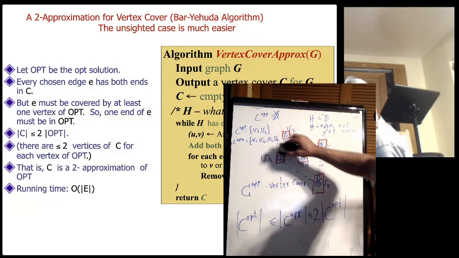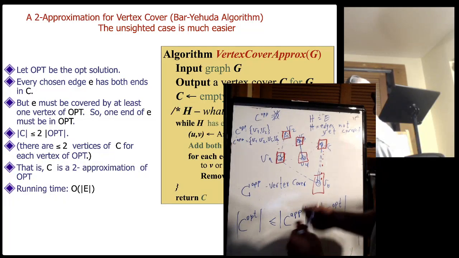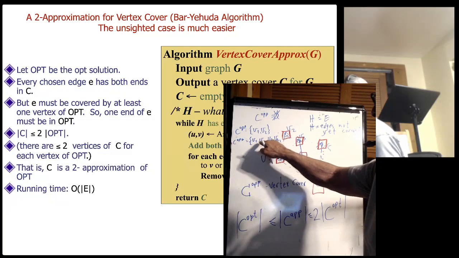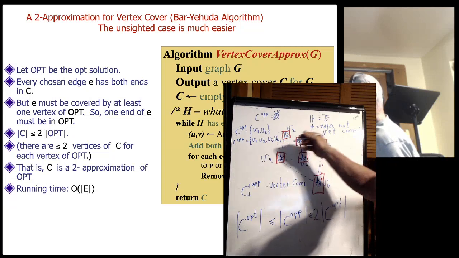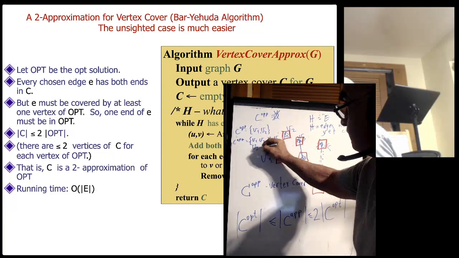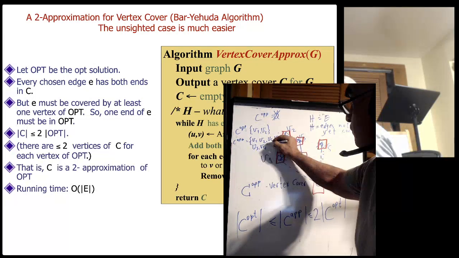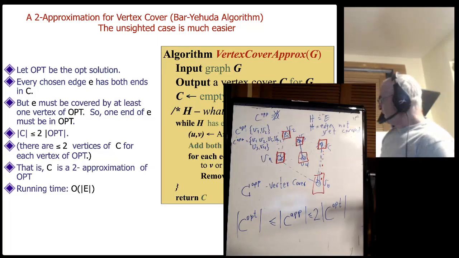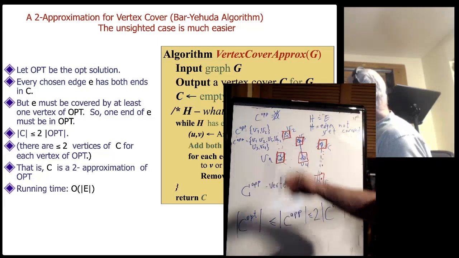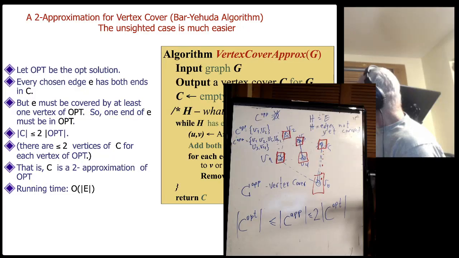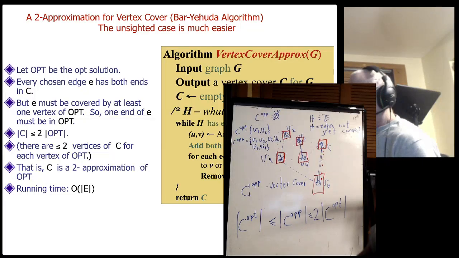So now my cover consists of the vertices V1, V2, V5, V6, and V3, V4. And the argument is that C approximate is not worse than twice the optimum.